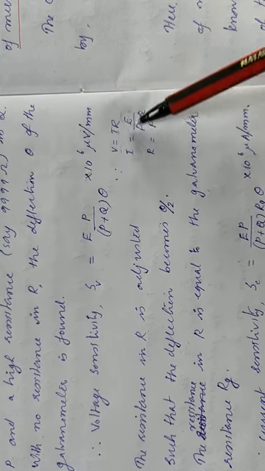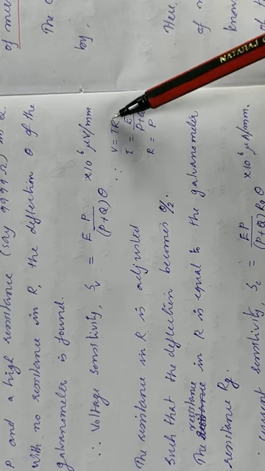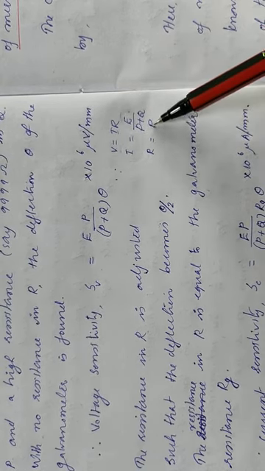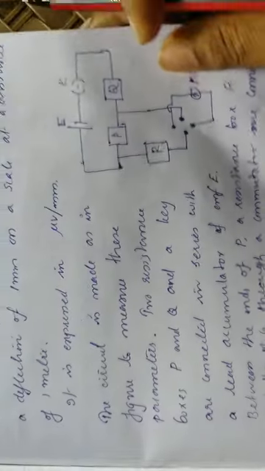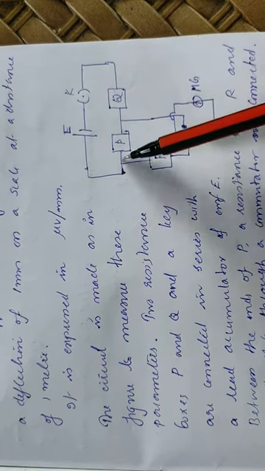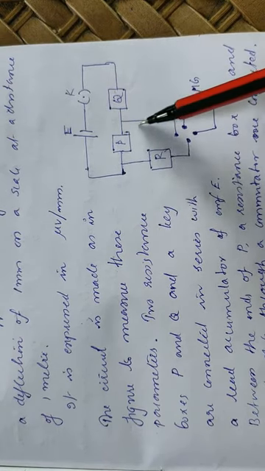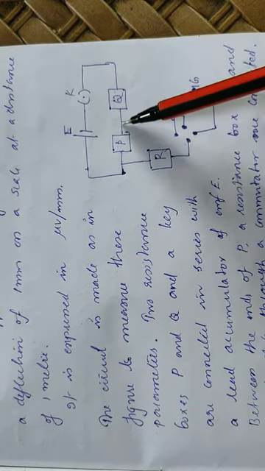So the current is E by P plus Q, according to the formula V by I, and again R. Here R is P, because you can see that the moving coil galvanometer is connected across P through the commutator key.